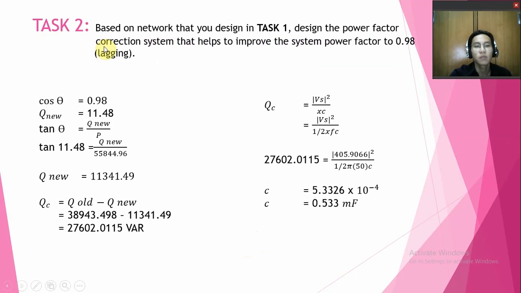For task 2, based on the network that we designed in task 1, design the power factor correction system that helps to improve the system power factor to 0.98 in the lagging condition. With the cos theta, the power factor given is 0.98.